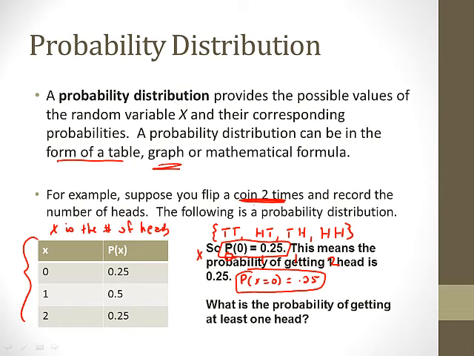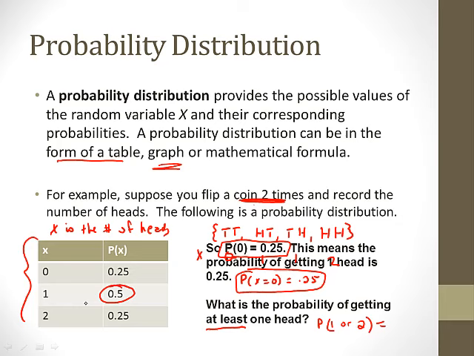So what's the probability of getting at least 1 head? We need to get comfortable with what this language means: at least, at most, things like that. At least 1 means what? It means the probability of 1 or 2. At least 1 means 1 or more. So what do you think we're going to do here? We're just going to add them up.